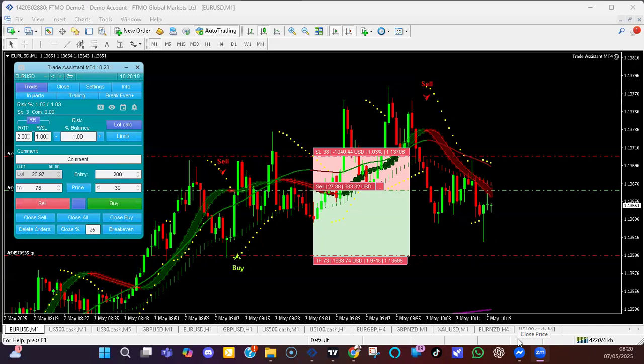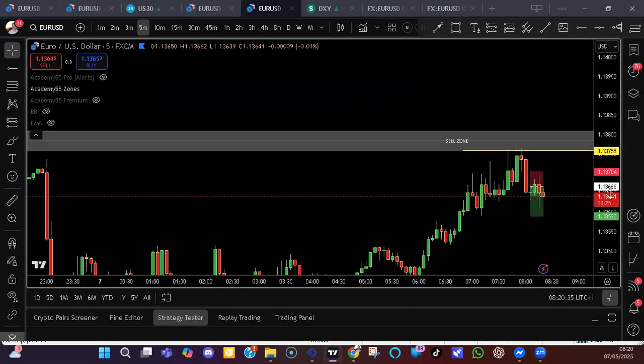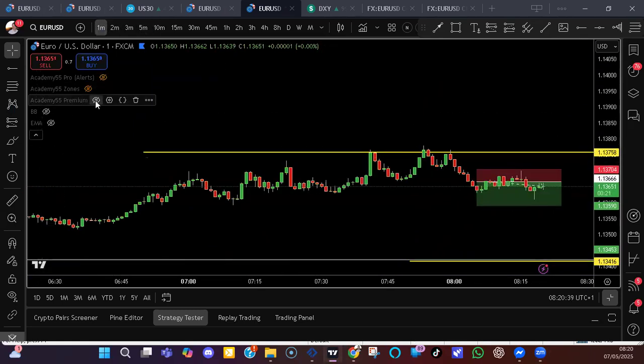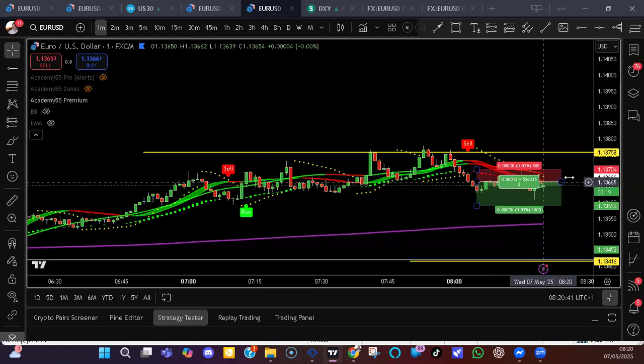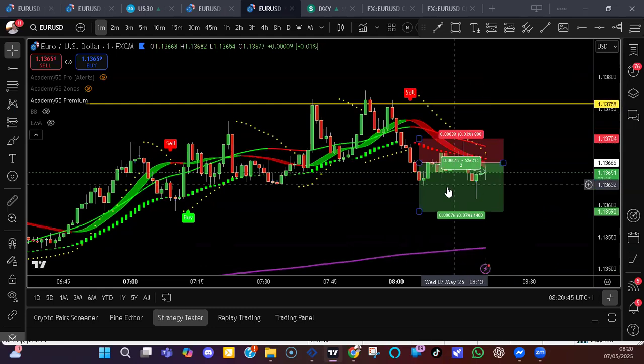But some of you may have even got in a little bit later than I did, and therefore that looks like it could be nearly 2% already. Let's just go on the minute. Put the indicators back on. Everybody's reaction time is a bit different.